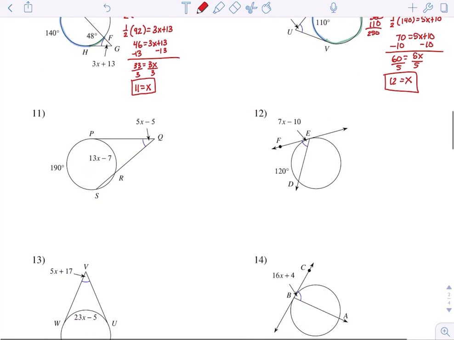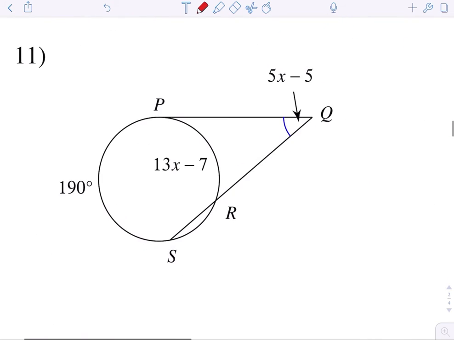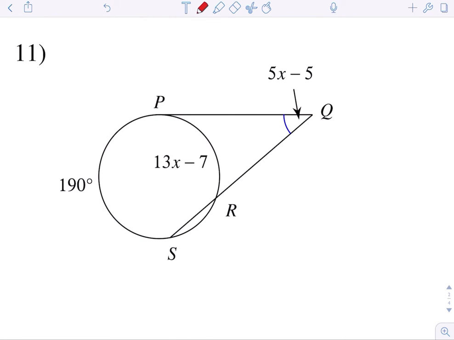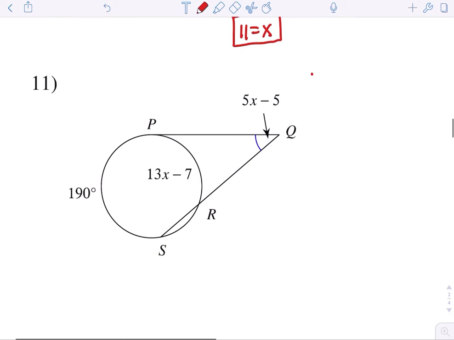Okay, number 11. All right, so we have, again, 1/2 the major minus the minor is equal to angle PQS. Here's the major arc.